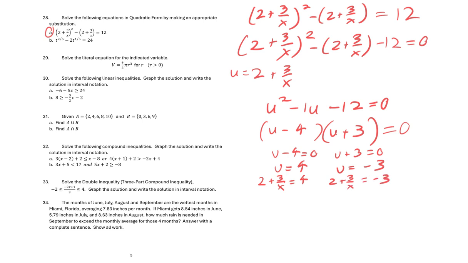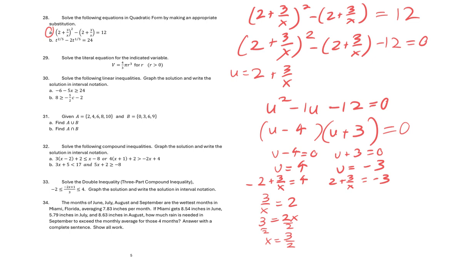Solving each one, I'm going to start with the left side. Subtract 2 on both sides, so 3/x = 2. Multiply the x over, so 3 = 2x. Divide both sides by 2, so x = 3/2.